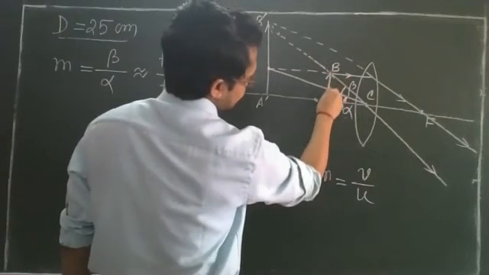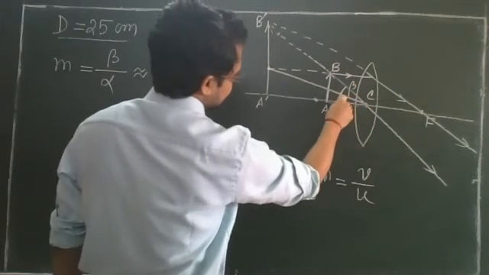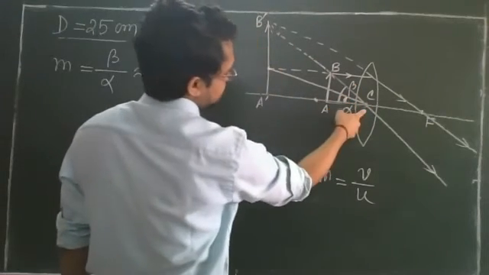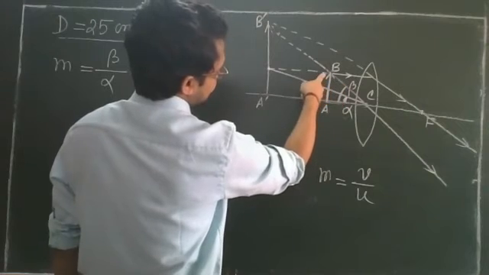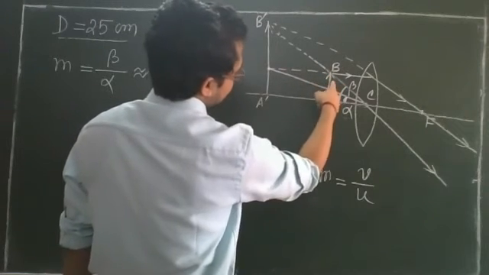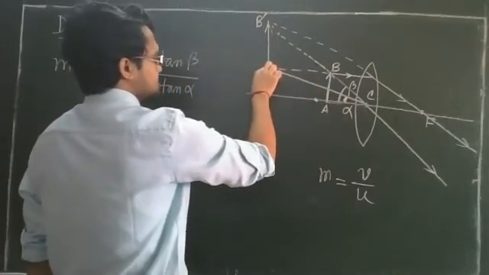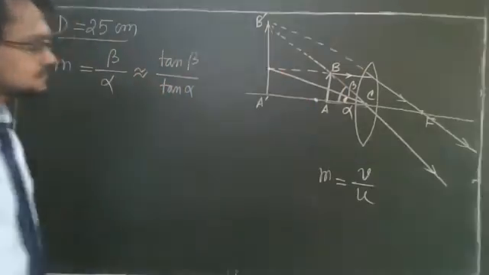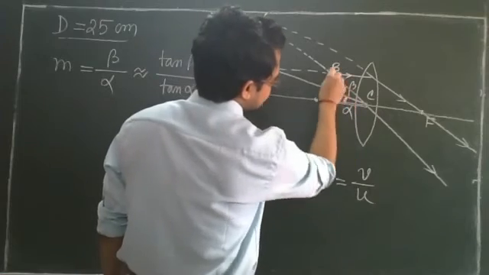We will take this triangle. This angle is made by the image at this position. Or you can say this angle beta is made by the object in place of the object, and alpha is made by the object when the object is placed at the image position. So for beta, I am taking this triangle. You will understand why.